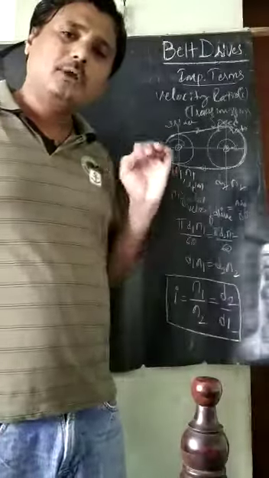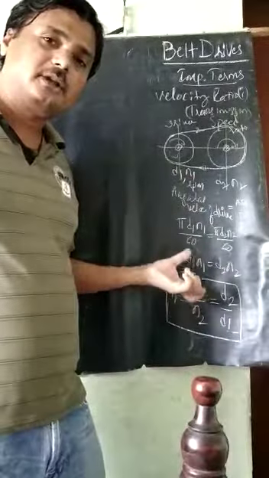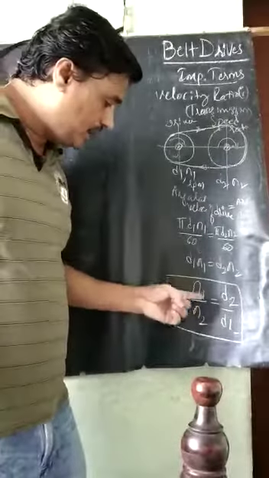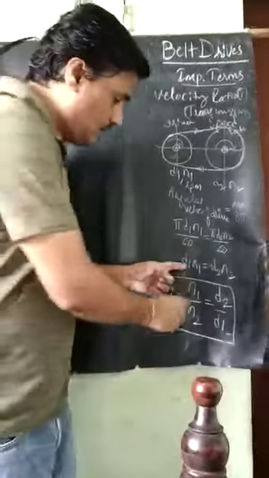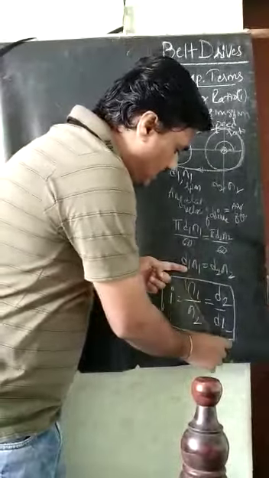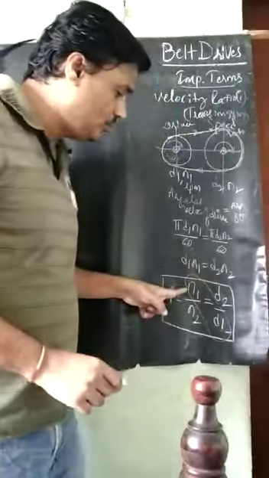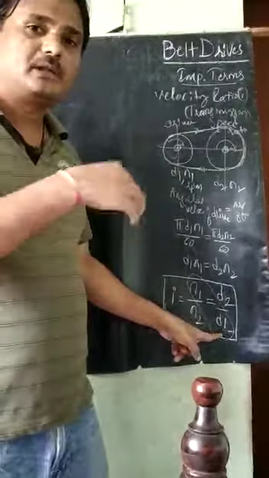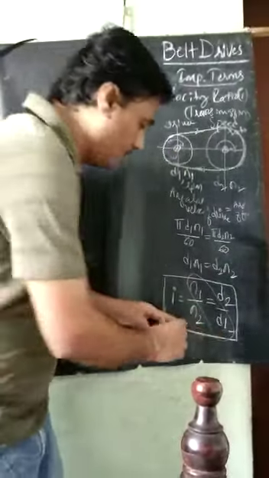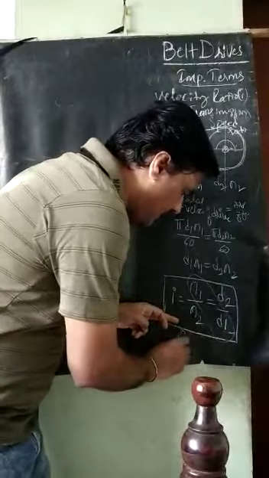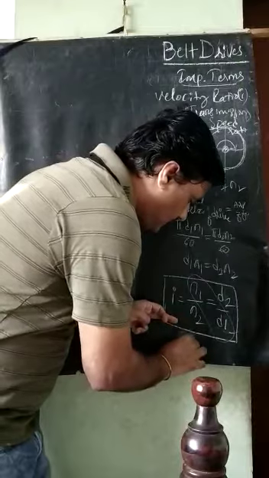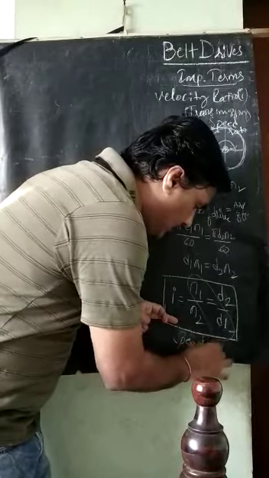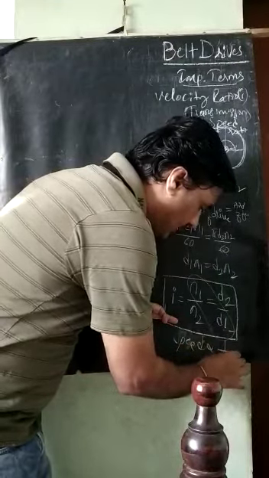What we can understand from this velocity ratio is that the speed N1 is in the numerator and D1 is in the denominator on the other side. So the speed N is inversely proportional to the diameter.